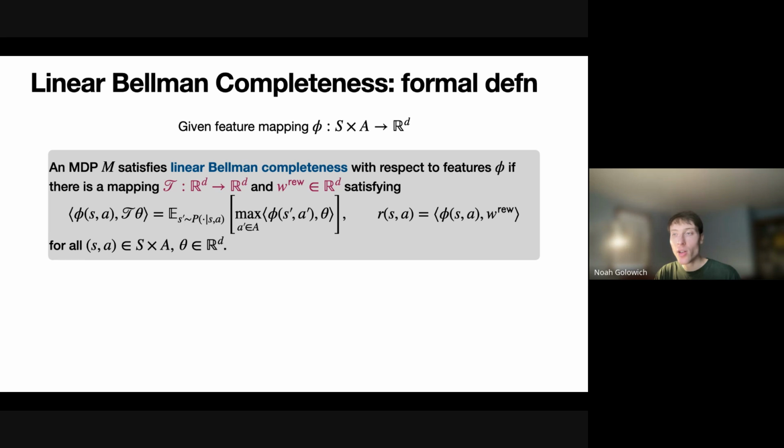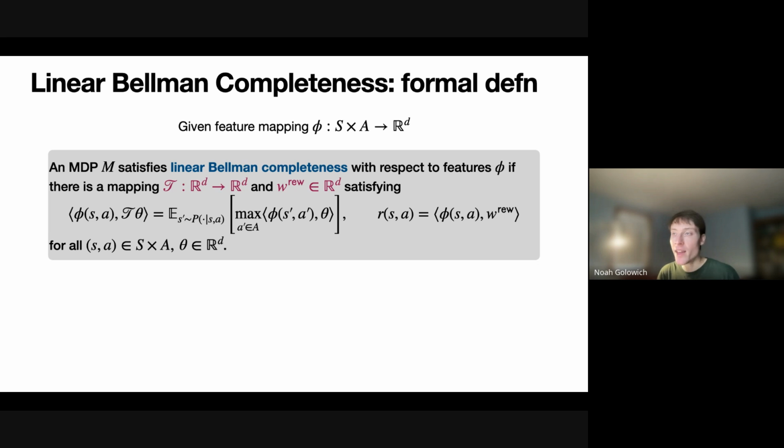What we want is that for all state action pairs SA, and for all vectors theta which index a value function, the Bellman backup of theta, so that's going to be the expected value of S prime drawn from P of SA, of this linear value function induced by theta, we want that Bellman backup to be a linear function in phi of SA. And the coefficient of linearity is this vector T of theta.